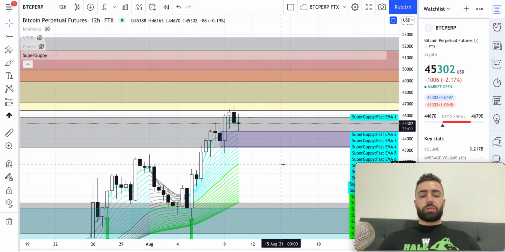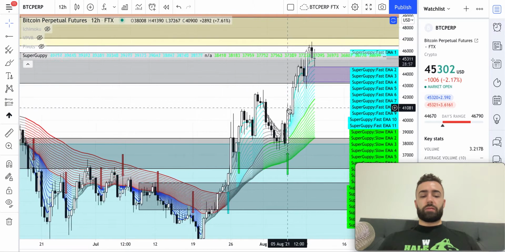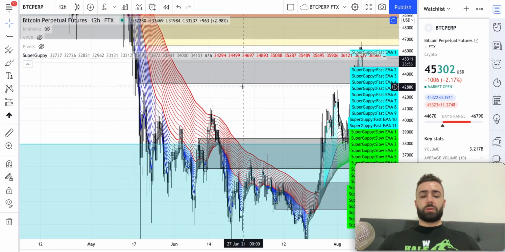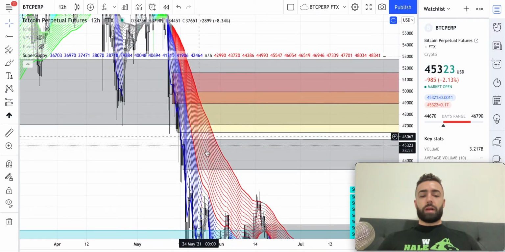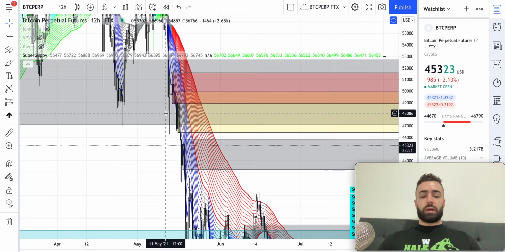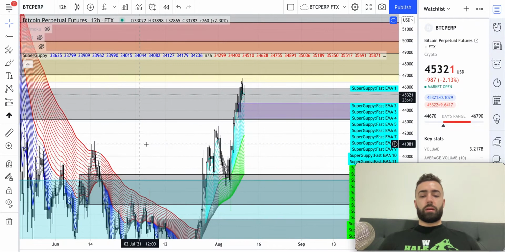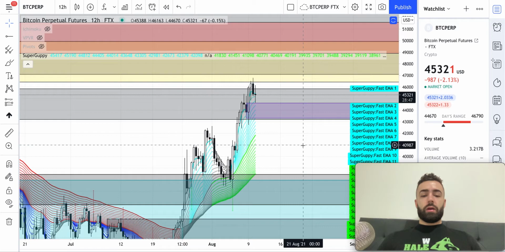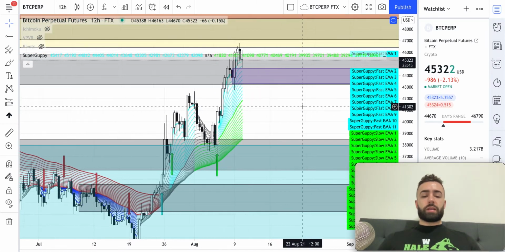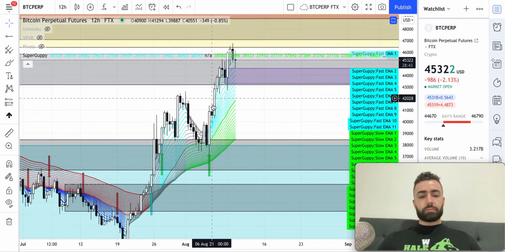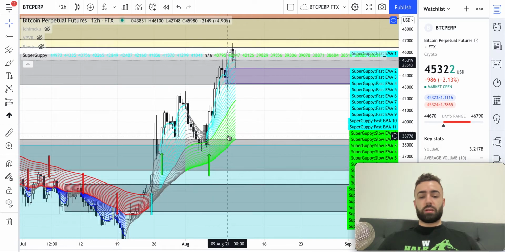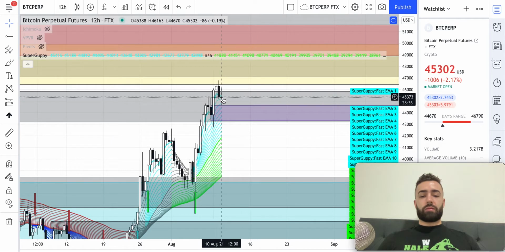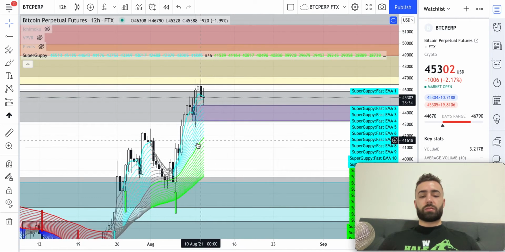If we look at this from a super guppy perspective, you can see that we have flipped the trend back to being in the bulls' favor after being bearish since roughly mid-May, like May 10th. And you can see we bounced off of these longer term EMAs, the green EMAs, and now we're operating far above those green EMAs.